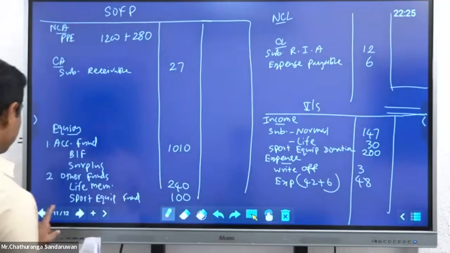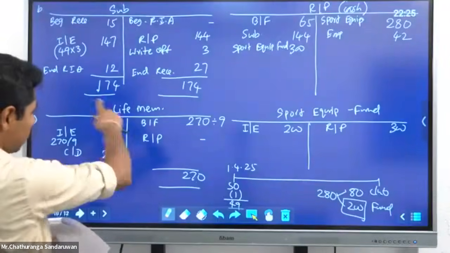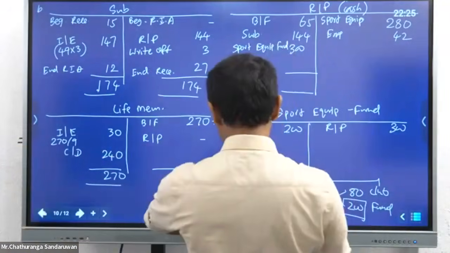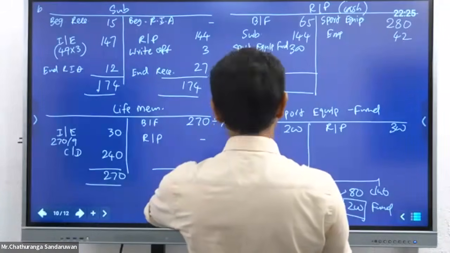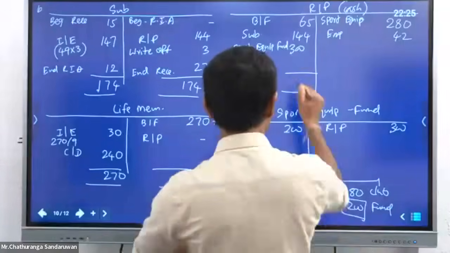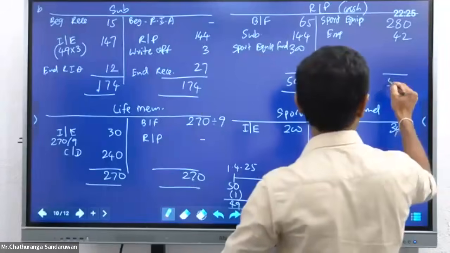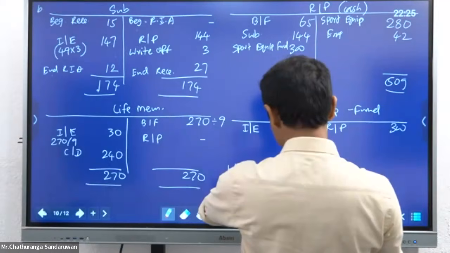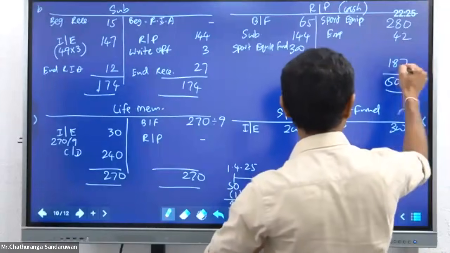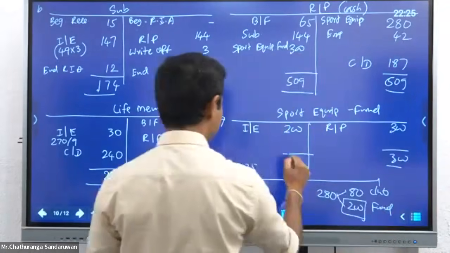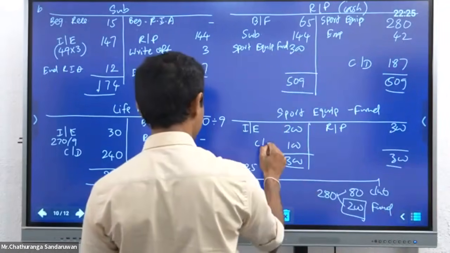Right, so we can take the balances. Subscription account done, life membership done. We can take the cash balance. Seems debit side is higher than the credit side. 65 plus 144 plus 300, I get 509, minus 280 minus 42, I am getting 187 carried down, and this has 100 balance, it has been taken to the SOFP.